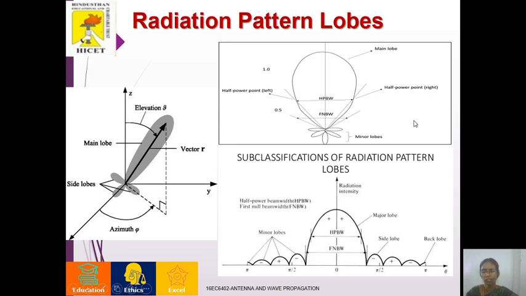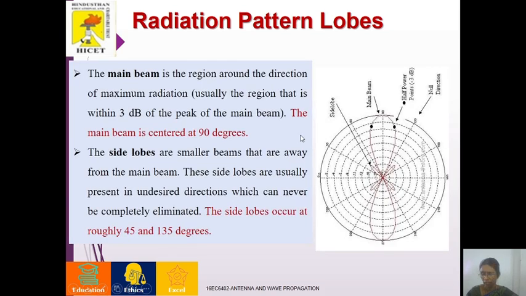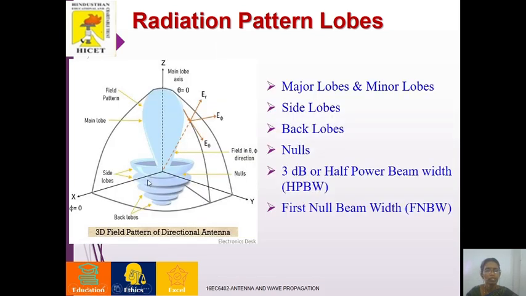So, the three-dimensional view of a radiation pattern will contain a major lobe or the main lobe with minor lobes consisting of side lobe and back lobe. The minor lobes consist of side lobes in the direction of your main lobe and back lobes in the direction opposite to the main lobe.